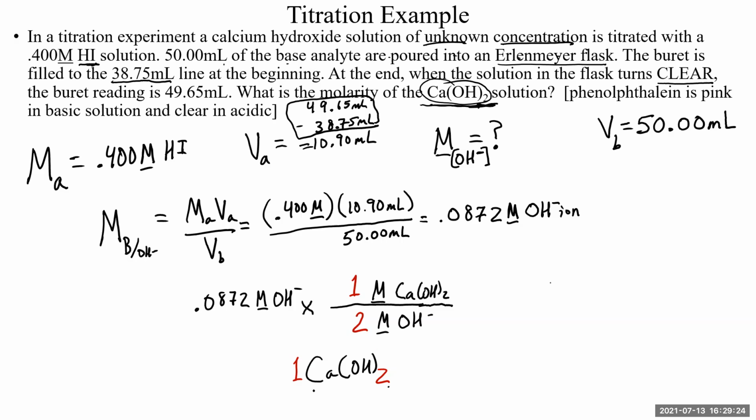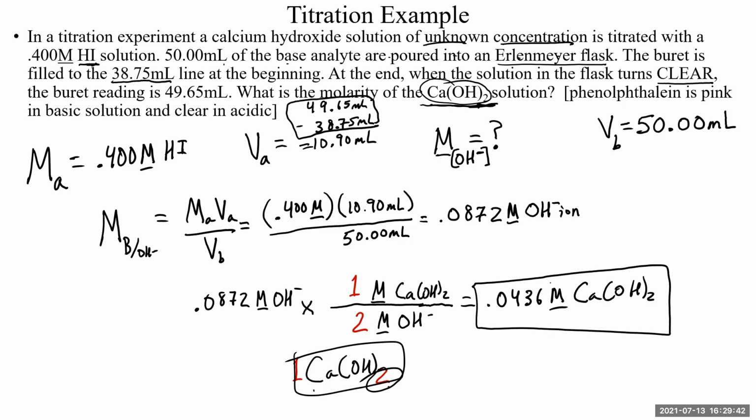It's a 2-to-1 ratio. Every one of these gets us 2 of those, 2 pieces in every one. So it's half. So instead of being 0.0872, it's 0.0436 molar calcium hydroxide. So just be careful.